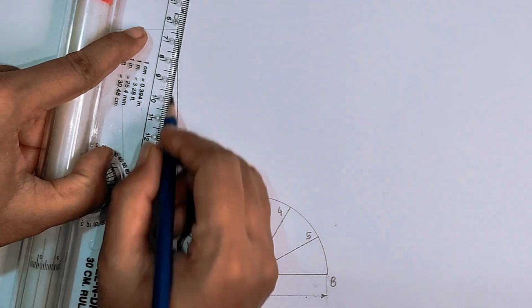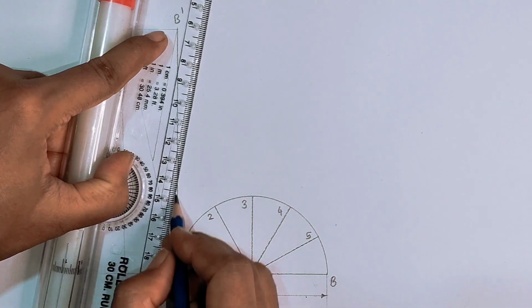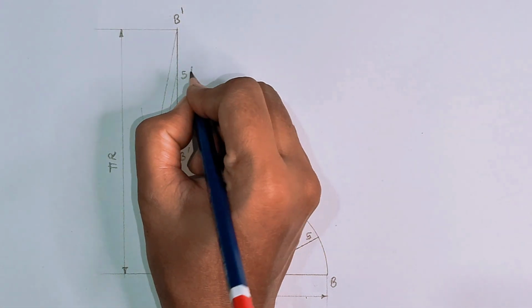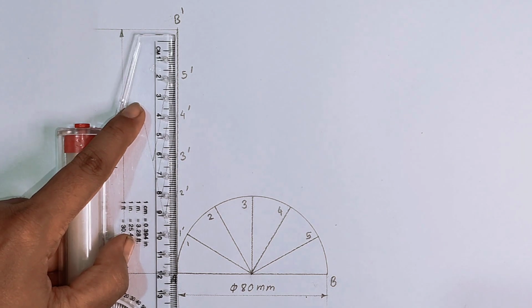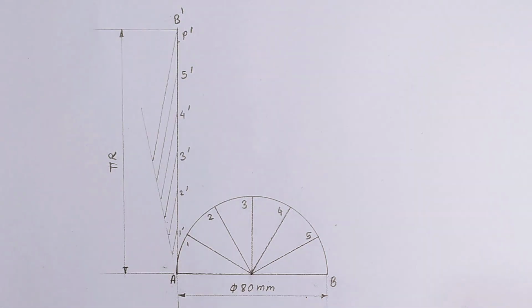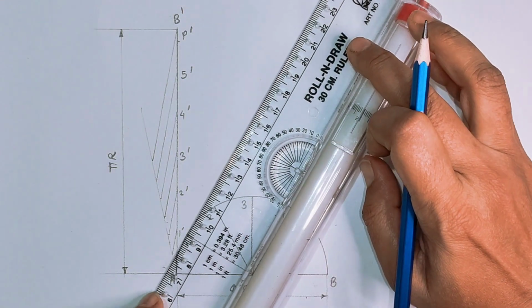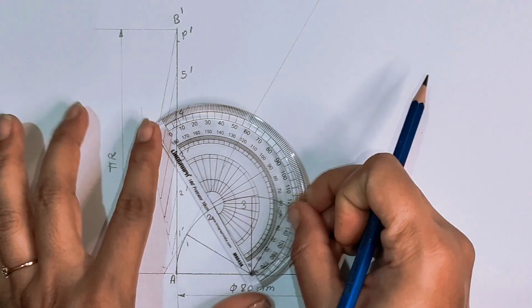Mark the length of the rod, 120 mm, on this line AB dash, and mark that point as P dash. The next step, draw the rod, which is placed tangentially at every point on the semicircle.